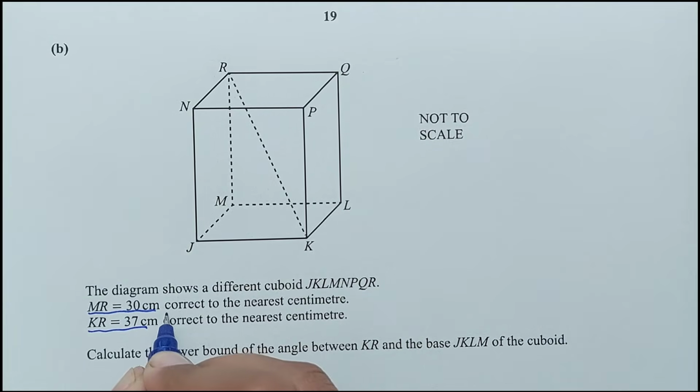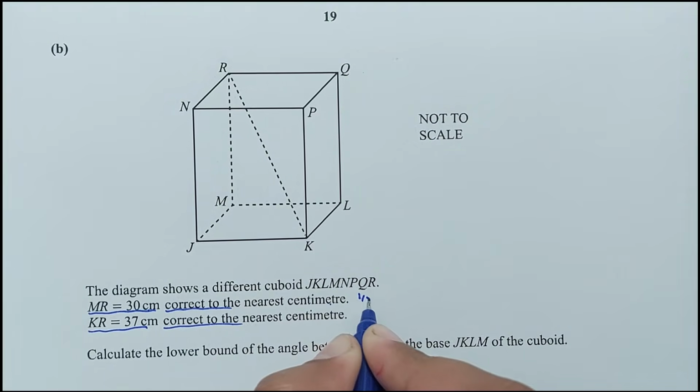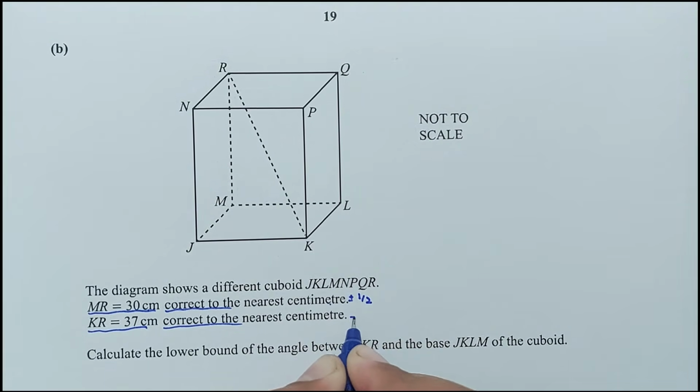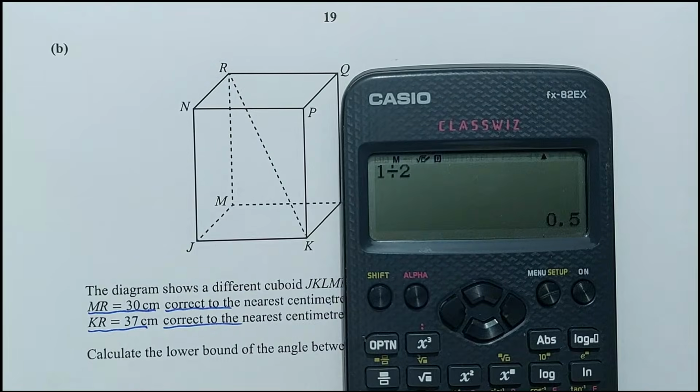Whenever we have correct to the nearest, it means we have to find the upper and lower bound. We have to add and subtract. This is in centimeters, the nearest 1 centimeter, so it's 1 by 2, adding and subtracting 1 by 2, which is 0.5.